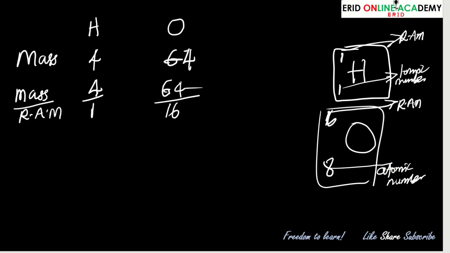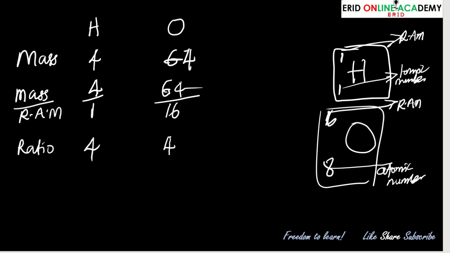The next thing will be to find your answer, which will give you the ratio in which the atoms exist in the compound. 4 divided by 1 will give 4, and 64 divided by 16 will give 4. So the ratio in which these atoms exist is 4 to 4.